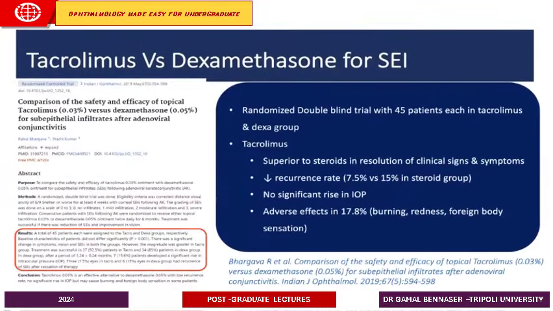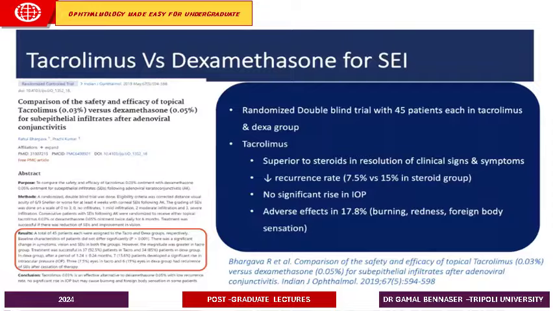Another study compared tacrolimus versus dexamethasone for the same thing, the subepithelial infiltrate, in one randomized double-blind trial. They show that tacrolimus is superior to steroids in the resolution of the clinical signs and symptoms, and they decrease the recurrence of the subepithelial infiltrate to 7.5% instead of 15% as in the steroid group.